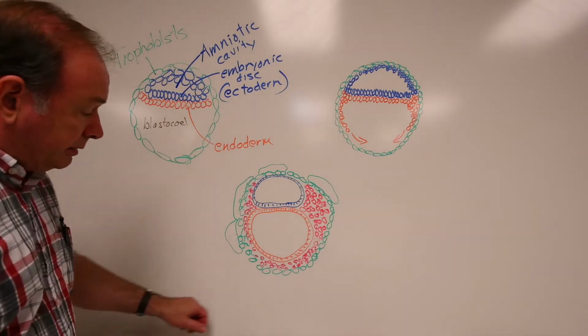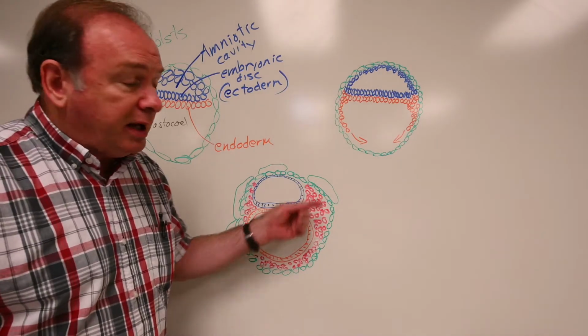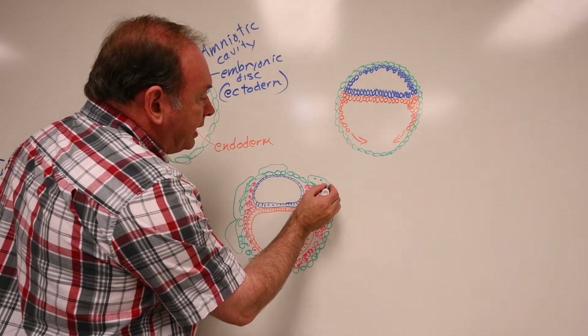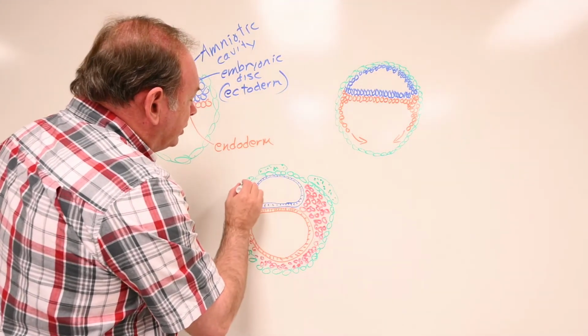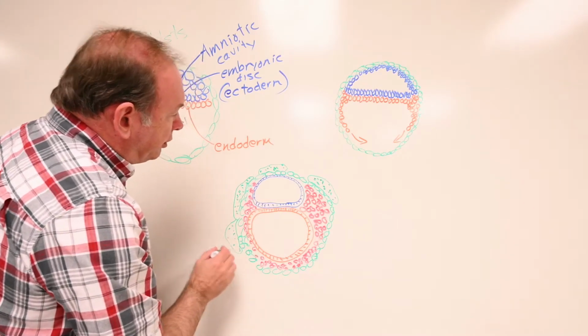Now the trophoblast, the cells keep dividing here, and some of these cells on the outside begin to form a syncytial mass, and we're going to put little dots in the syncytial regions of trophoblasts. So we now have regions with syncytial trophoblast.